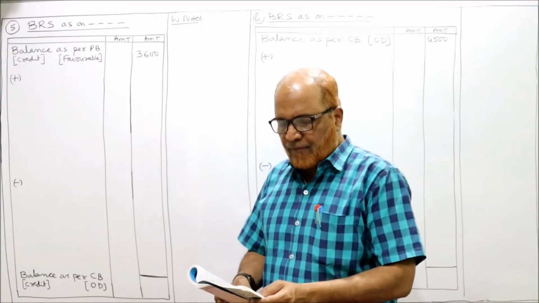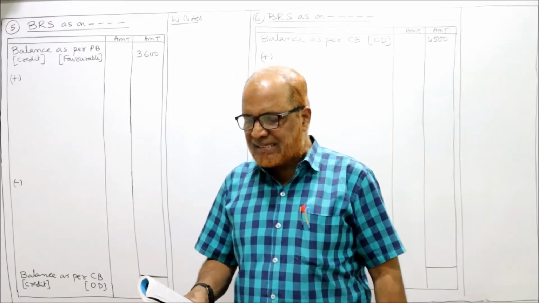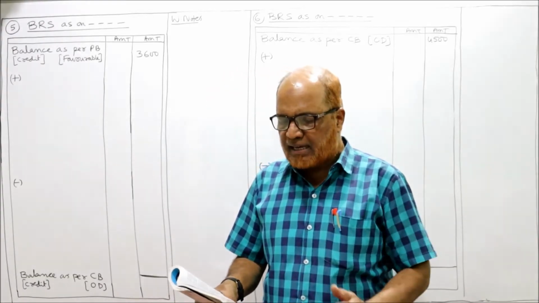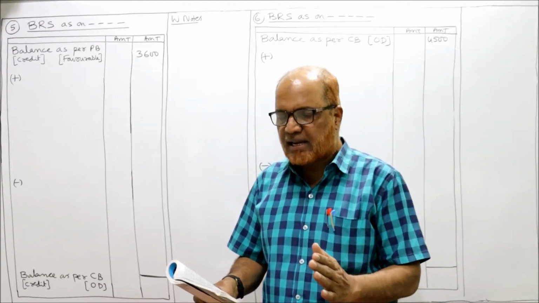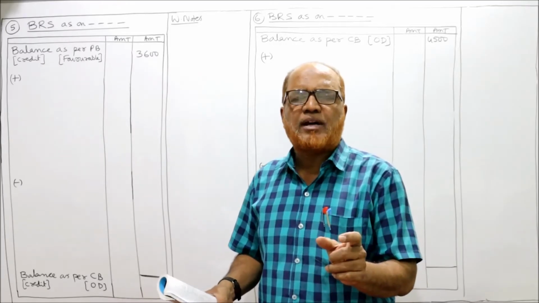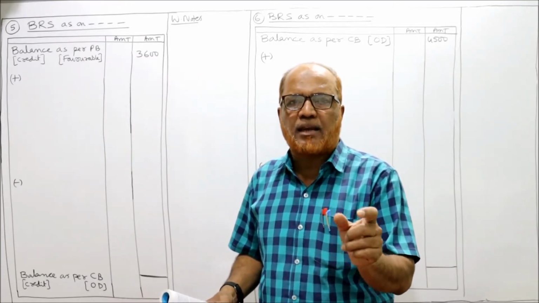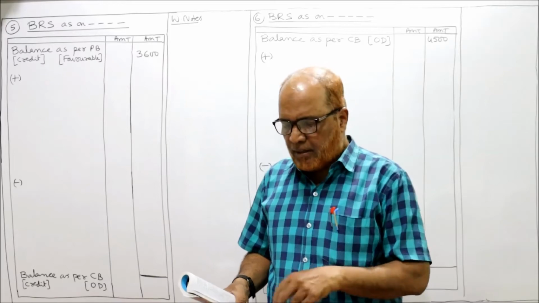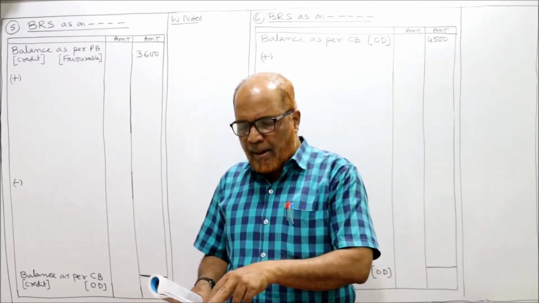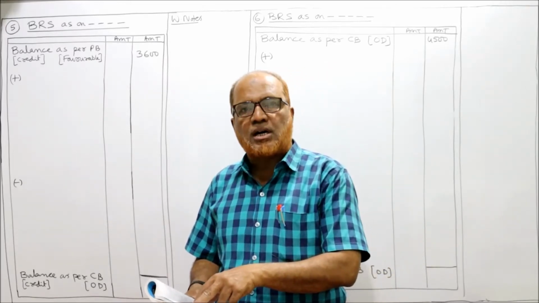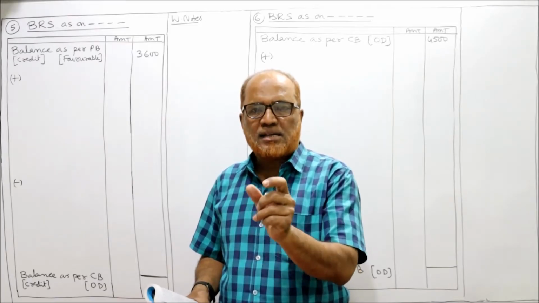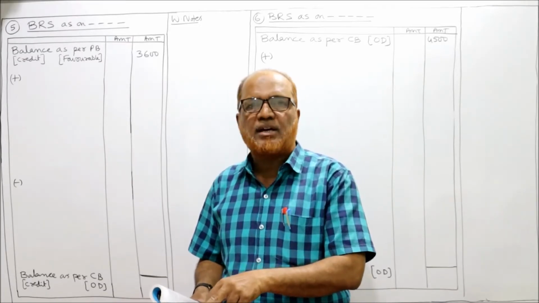See carefully. From the following particulars, prepare a statement showing how the difference between cash book balance and passbook balance is reconciled. Simply, it is asking you to prepare the bank reconciliation statement. Here in this problem, balance as per passbook is given as credit.